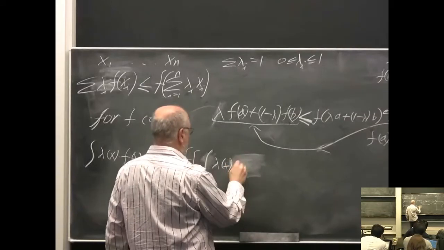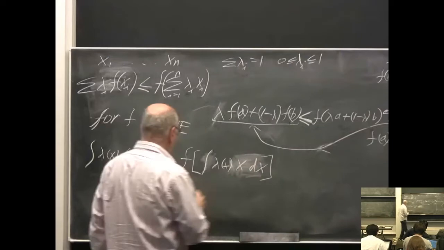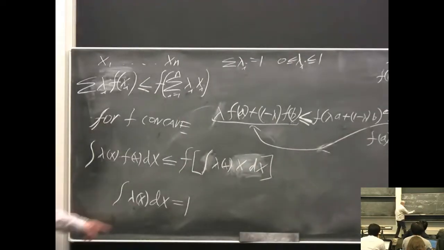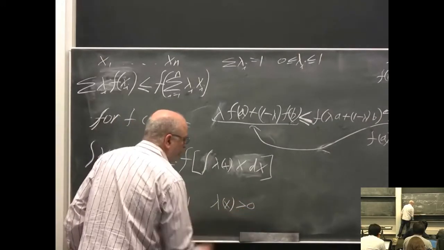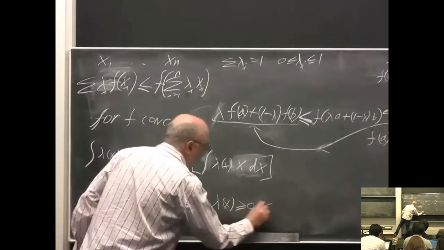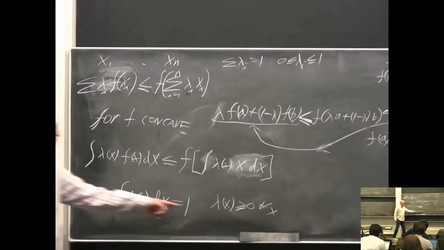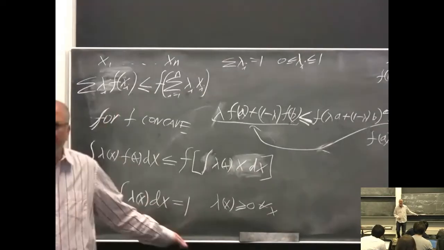Delta x times x dx. The integral here sums to 1, and delta x itself is greater than or equal to 0 for every x. By the way, this condition might hold even if this is negative. I'm not sure. Maybe it doesn't. But it certainly holds under these conditions.